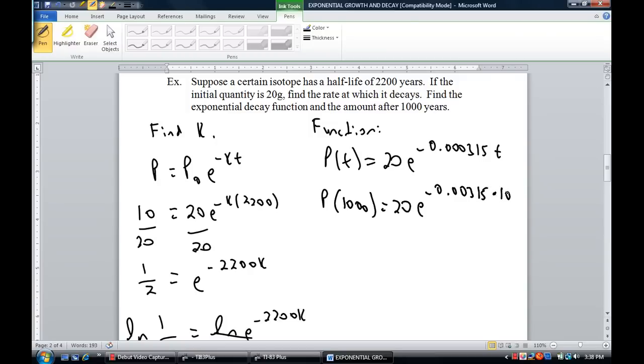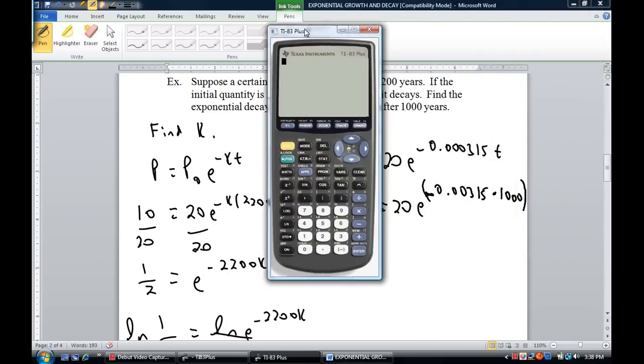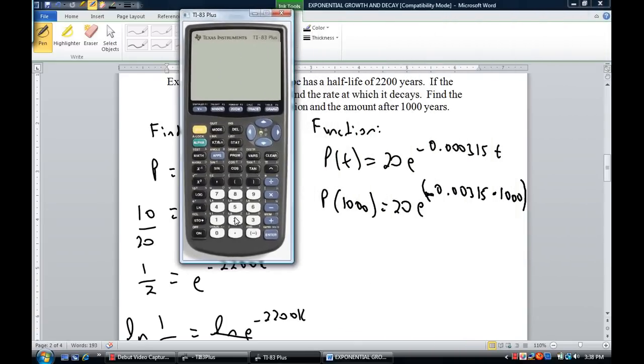I'm using the dot symbol so that we can type the whole exponent as one single exponent with parentheses. So let's type it in and see what happens. I'm going to move my calculator over. We have 20 second e, and I'm typing in negative 0.000315 times 1,000.